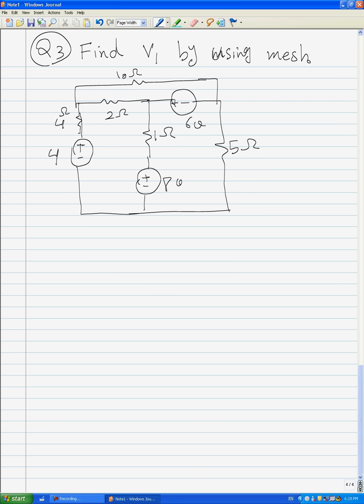If we don't have any current source in the circuit and we want to solve it by the mesh scheme, we don't need to consider a super mesh. Okay, V1 in this circuit is the voltage defined here.